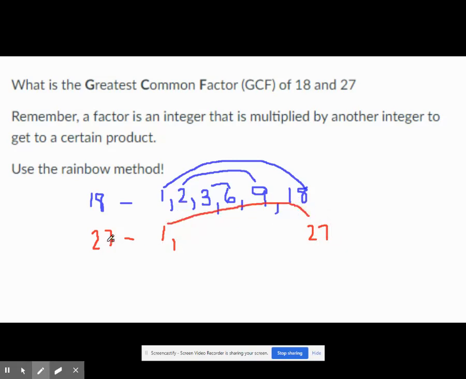I know 27's not an even number, so I know 2 doesn't work. 3 actually does work. 3 times 9 will give me 27. 4 is also an even number, so we can't have those work. None of our even numbers are going to work here. 5 doesn't work. There's nothing times, because 5 times 5 is 25. 6 does not work actually. 7 does not work because 7 times 4 is 28, a little bit bigger than 27.